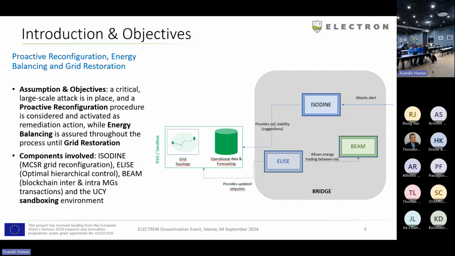The components involved are ISODIN with the grid reconfiguration, ELIS with the optimal hierarchical control, and BIM with the blockchain inter and intra microgrid transactions, and of course the UCY sandboxing environment where we visualize the grid as it is.